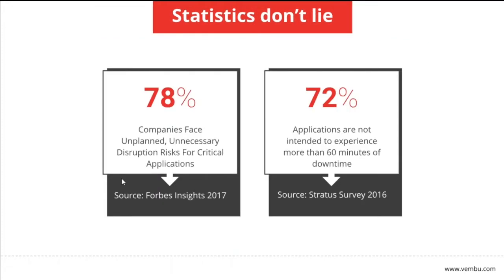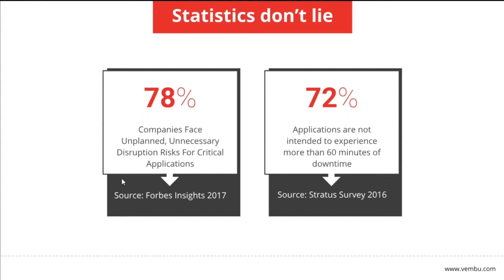I just want to share some statistics. 78% of companies face unplanned downtime. This leads to a lot of business critical risk coming to their organization because of the downtime of their business critical applications.